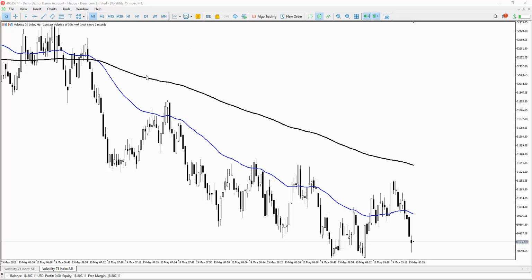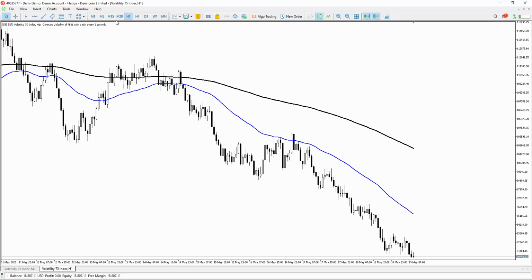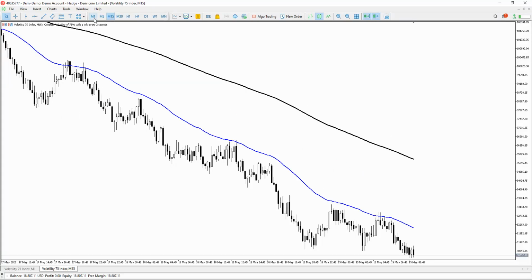Right, we're using two moving averages, just as you can see here, similar to gold, but the values are different. And we use multiple time frames just as in gold as well. Now, the time frames we'll concentrate on are 1 hour, 15 minutes, and 1 minute.